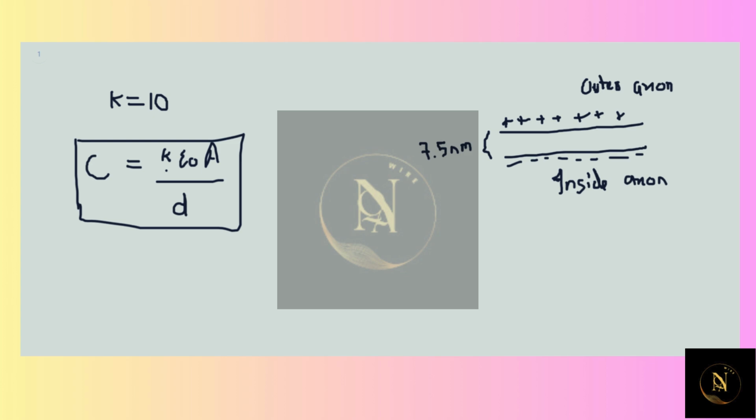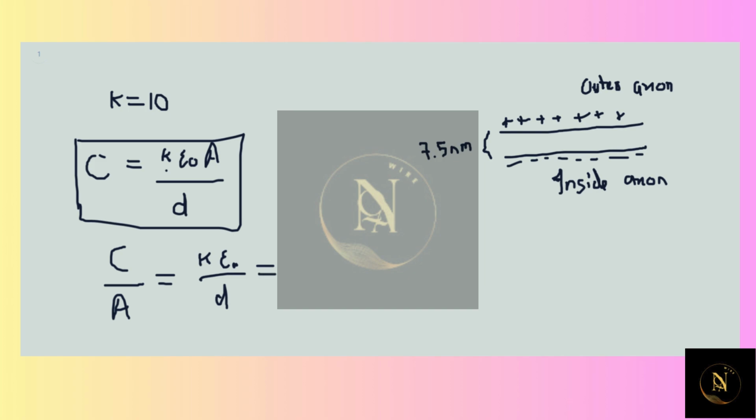So C equals K epsilon naught A over D, and we need to find the capacitance per unit square centimeter of cell wall. That means the capacitance per unit area of the cell wall. And this value can easily be written as K epsilon naught over D.